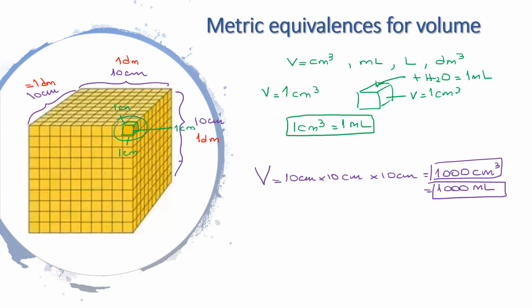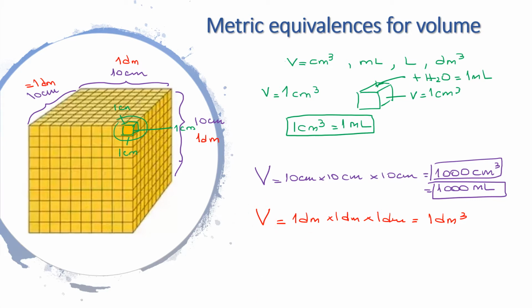So if I calculate the volume in red, which is the same as the violet, it's going to be 1 decimeter times 1 decimeter times 1 decimeter, equal to 1 decimeter cube. But the volumes here, the volume in violet and the volume in red, they are the same.